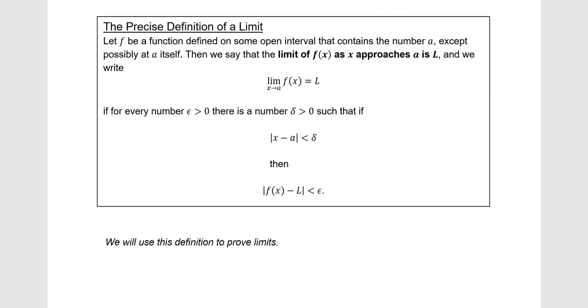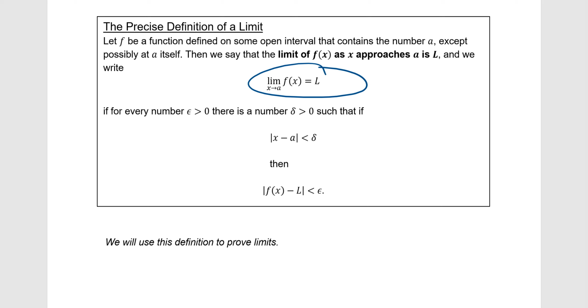And once again, hopefully conceptually it kind of makes sense, and then we'll see a bunch of examples coming up. So for the precise definition of a limit, let f be a function defined on some interval that contains the number a, except possibly a itself, because we know there could be a hole at that value. Then we say that the limit of f of x as x approaches a is L, and we just write it like that using our limit notation.